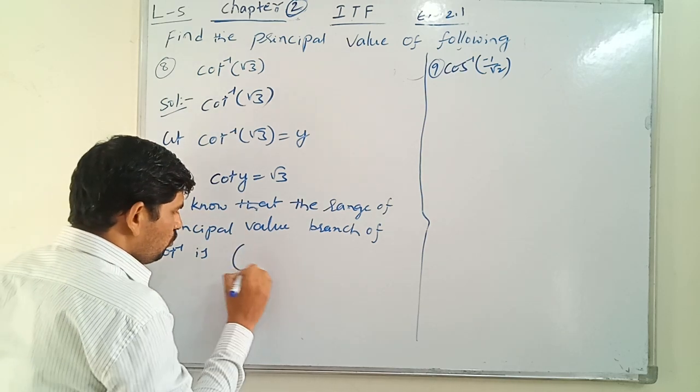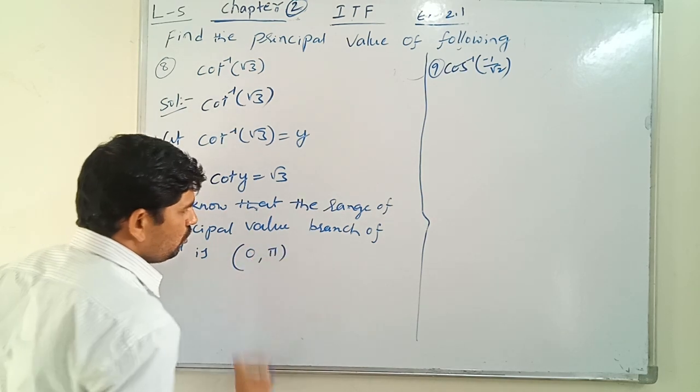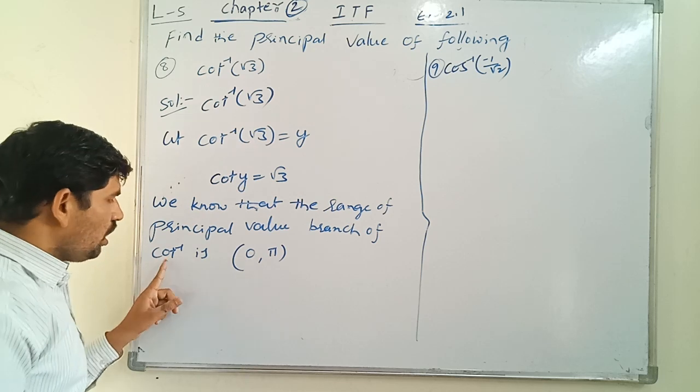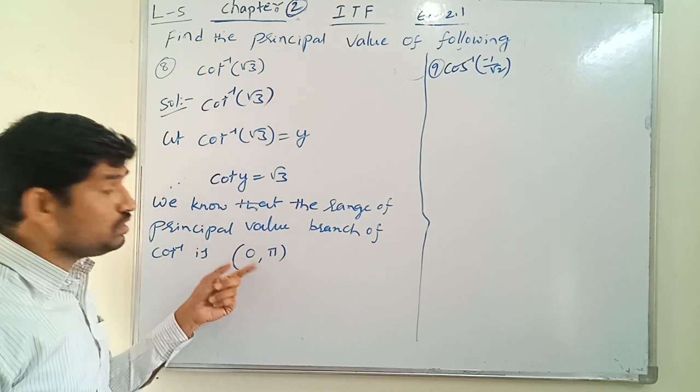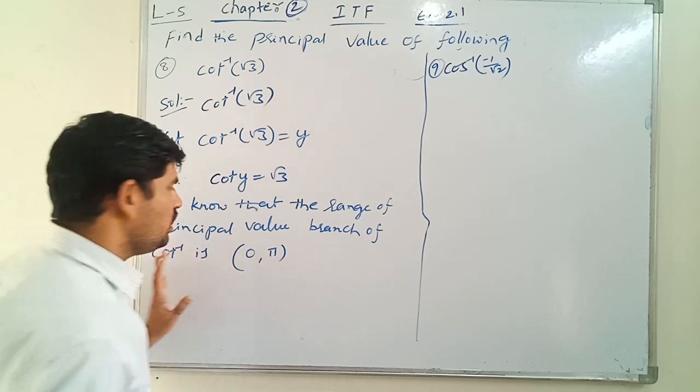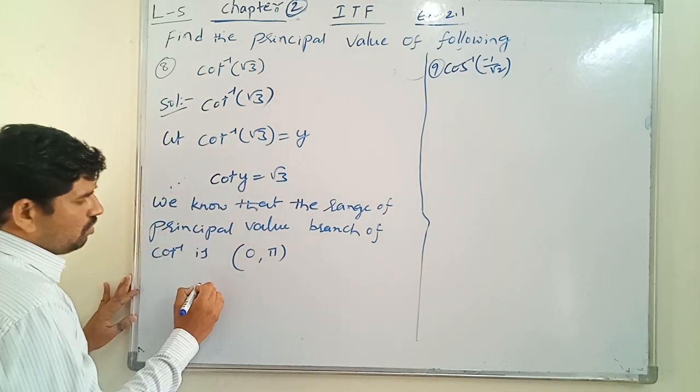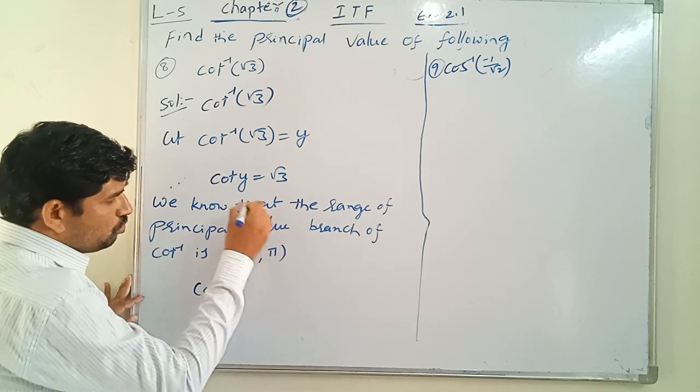You people have to know this. Cot inverse range is the open interval 0 to pi, and cos inverse is the closed interval 0 to pi. That's all. Next, see cot y is equal to root 3.